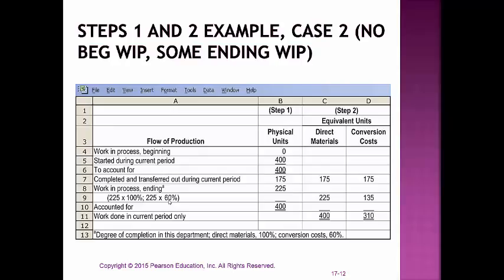Now, this estimate of 60% converted is something that's actually estimated by someone at a facility, and the accuracy of this depends on the care and the skill of the estimator and the nature of the process. Think back to some of those types of items that we talked about. Some of those are going to be easier to come up with a conversion percentage than others.